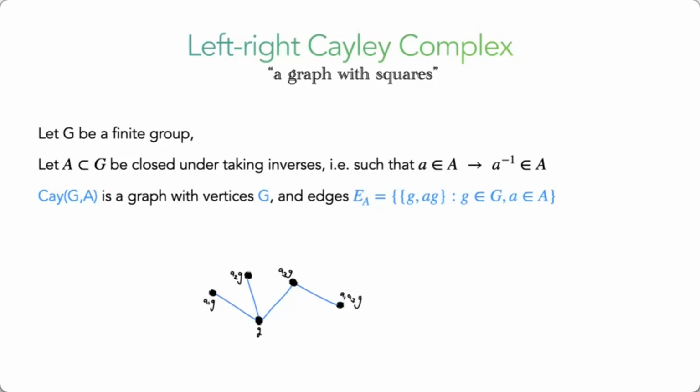If we have a set of elements of G such that if A is in the set, then A inverse is also in the set, then I can define the Cayley graph with respect to the group and with respect to A. It's a graph that has a vertex for every group element, and an edge moves you from G to A times G. And this is an undirected graph because from A times G, you can move to A inverse times A times G, which is G. So it's just a graph.